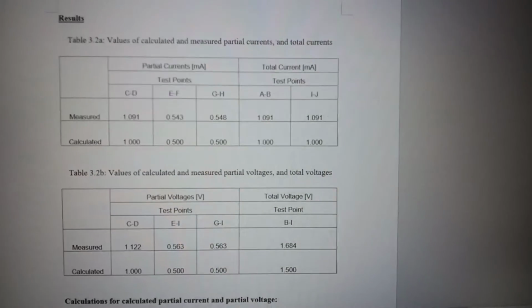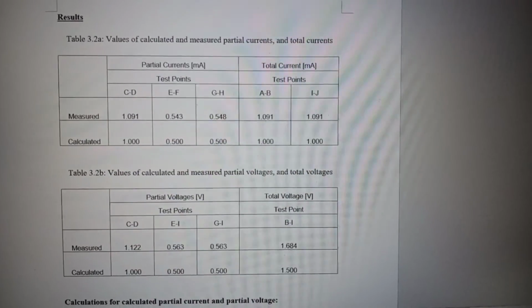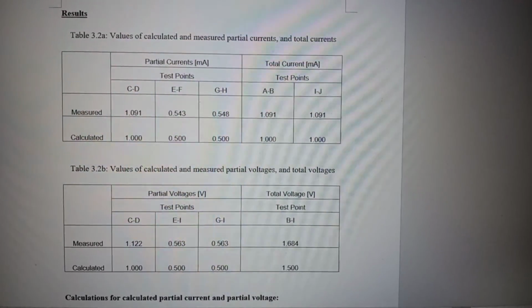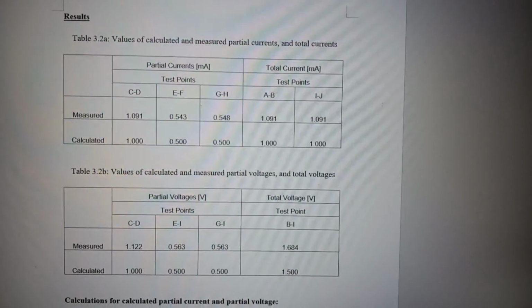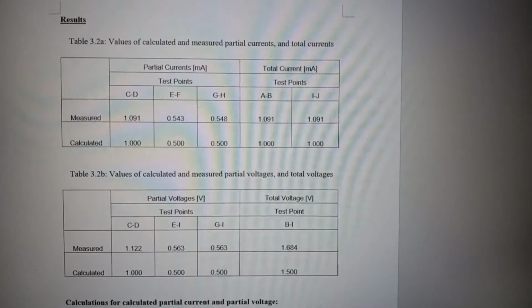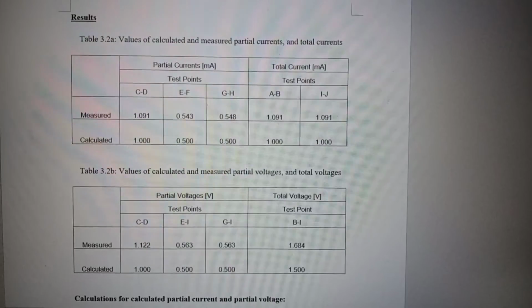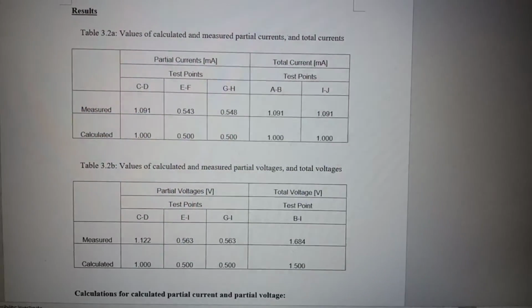There are two tables which are current and voltage table. As a comparison, there is a difference between the measured and the theoretical values of voltage and current.